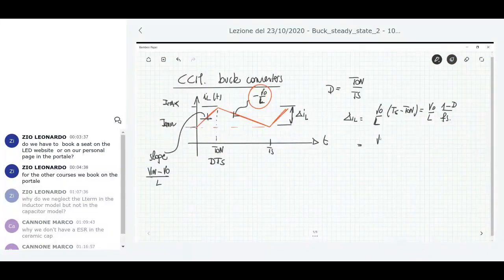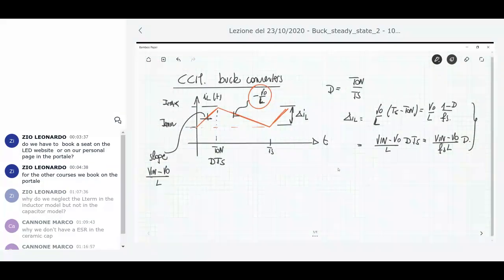In that situation, I will have Vin minus Vo over L multiplied by duty cycle Ts, so Vin minus Vo over Fs L multiplied by D. The two equations are equivalent, because you know that we have this conversion ratio, which is the duty cycle, between the output voltage Vo over the input voltage Vin for CCM operation.